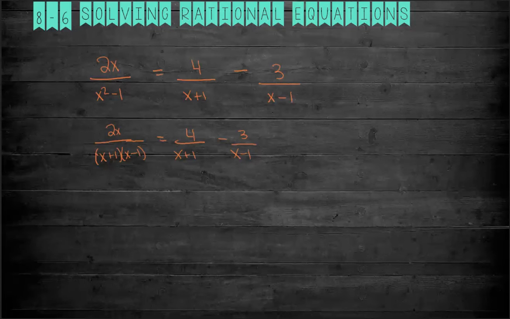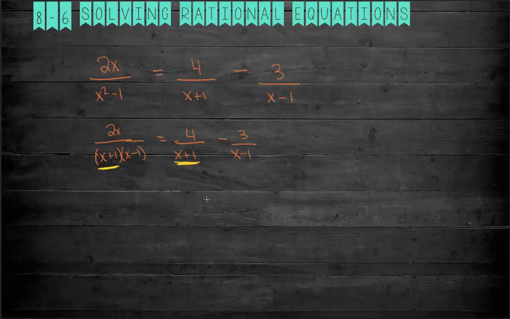Now our next step is going to be to multiply by our LCM, or the least common denominator. So we want to look at each of the factors that are represented. I see I have an x plus 1 here and an x plus 1 here.